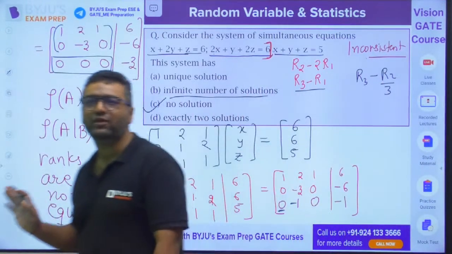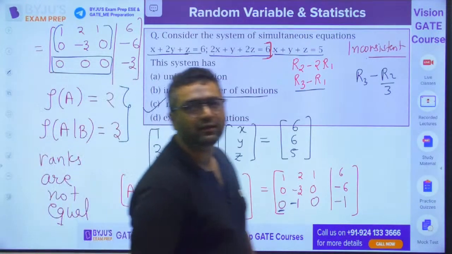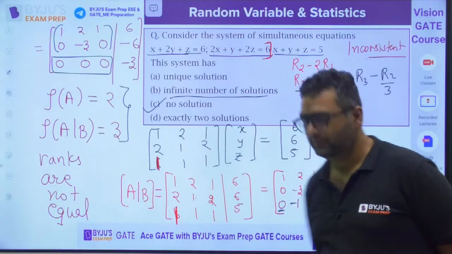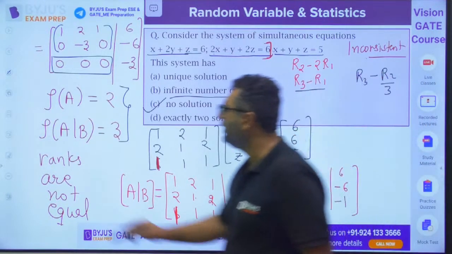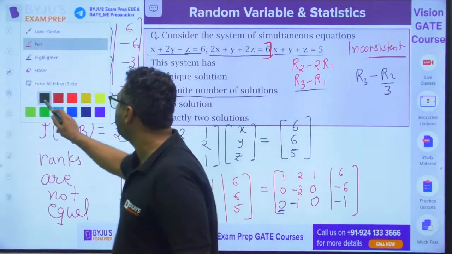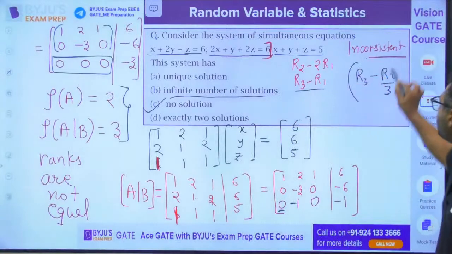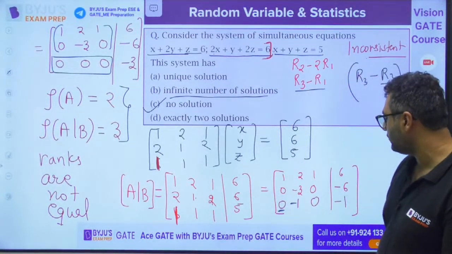So guys, now it is clear. This question is clear for everyone. Vipin, Malesh, Papa Ka Ghoda. So finally, when you are solving it, I am telling you the correction now. R3 minus R2 by 3. I am correcting this so that no student gets a doubt.